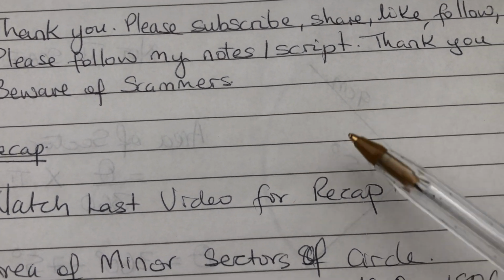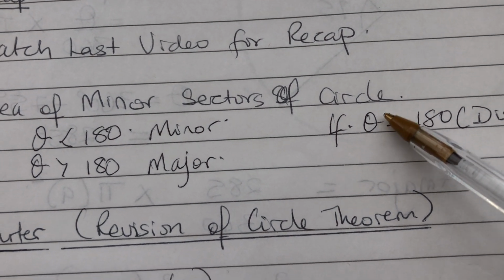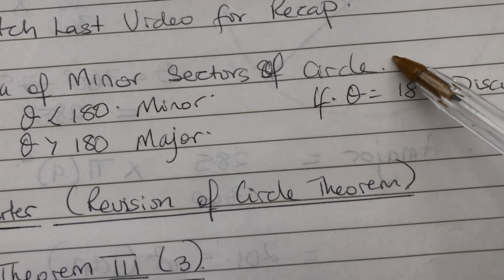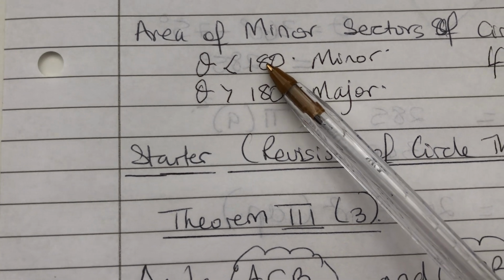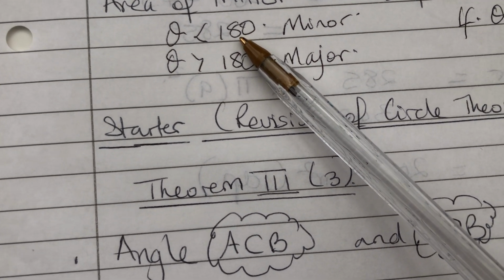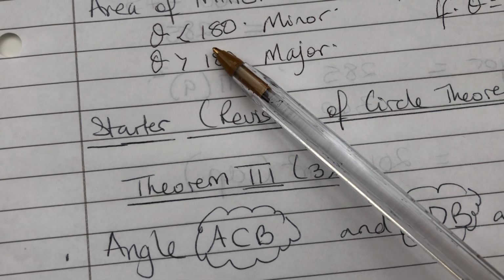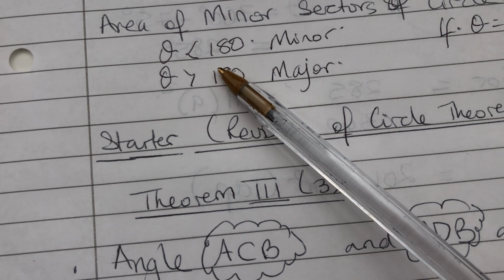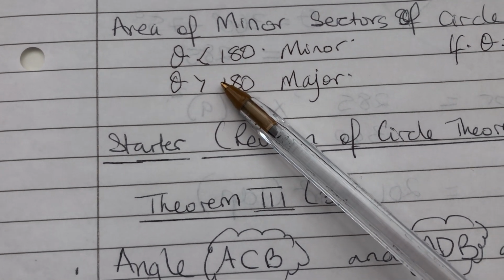I need to start. Watch the last video for a recap. Okay, we found the area of minor sectors. Now yesterday I said to you, if somebody asks, how would you know it's a major or a minor? If the angle is less than 180, then it is a minor.